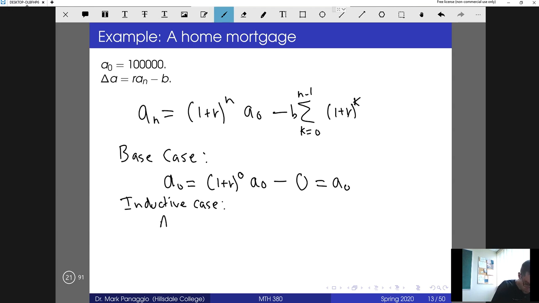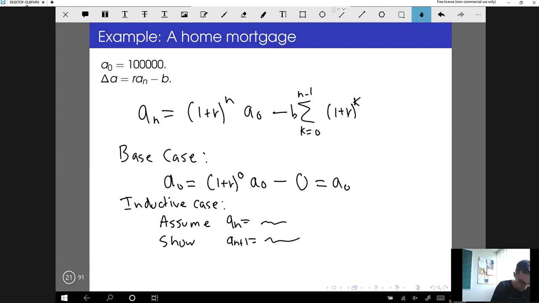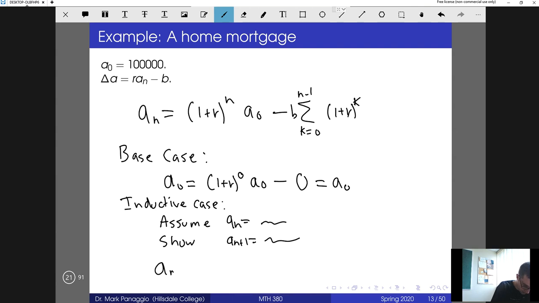So we're going to assume that the formula works. And then we need to show that it works for an plus 1. All right, so let's try that. We'll first use our update rule. An plus 1 is equal to 1 plus r times an minus b.